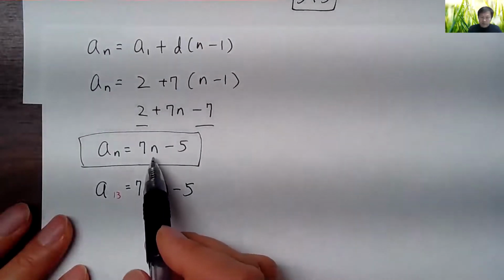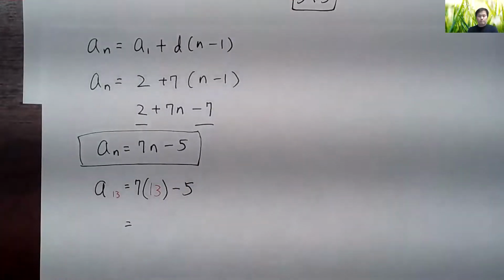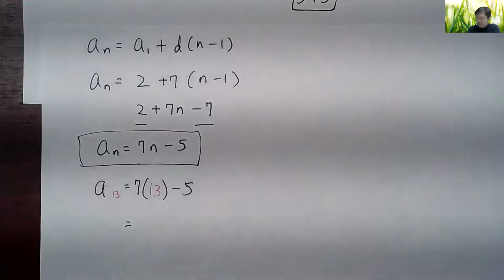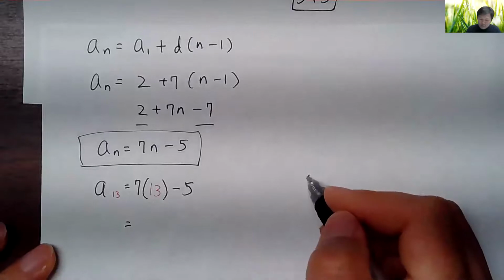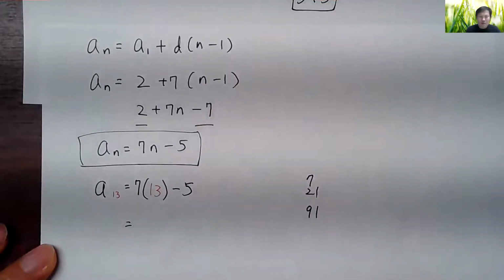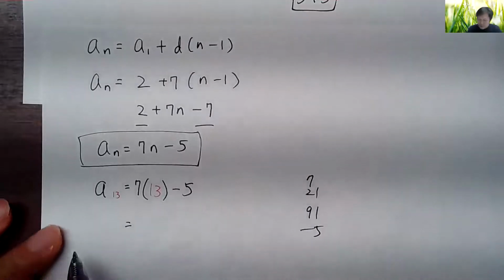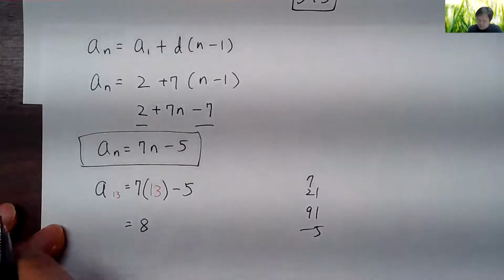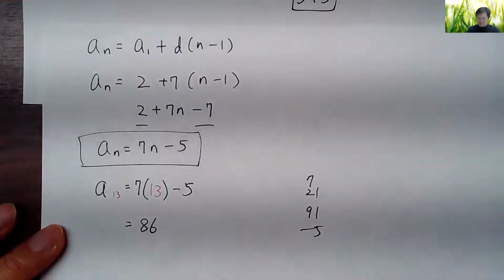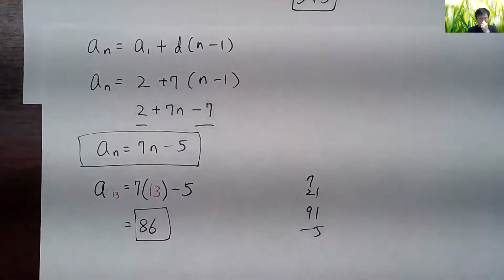You plug in n value as a 13, then calculate it. 91 minus 5? You can use a calculator. It will become what? 86. 86 will be the final answer.